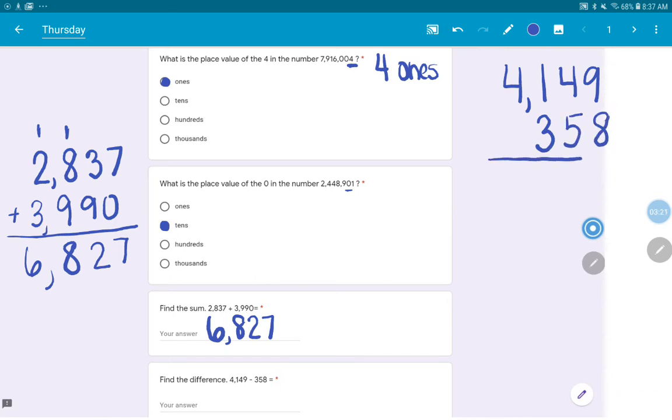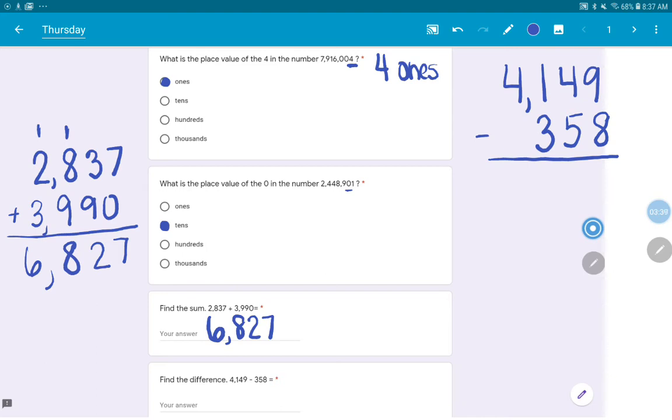Now, why did I move over and not put that 3 underneath the 4? That'd be in the thousands place. Yeah, the 4 represents the thousands place, and I only have hundreds in the number that I'm taking away.